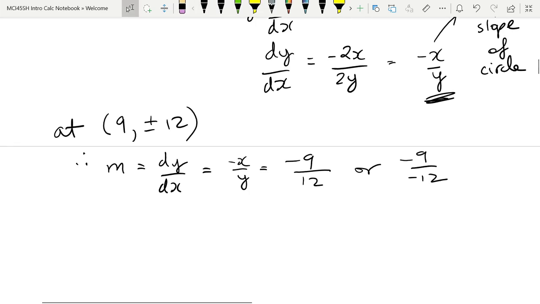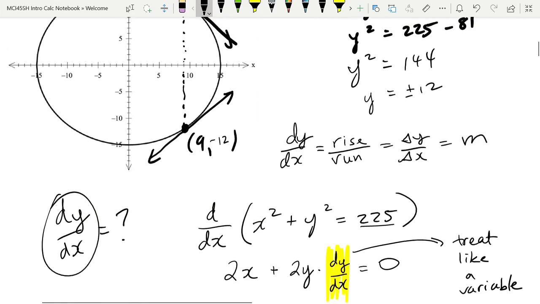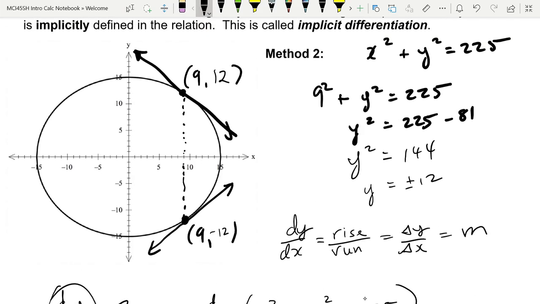Either way, those two fractions simplify to negative 3/4 or positive 3/4. And that kind of makes sense with my picture, right? Because remember, I have two lines. So this one has a slope of negative 3/4, and this one has a slope of 3/4.